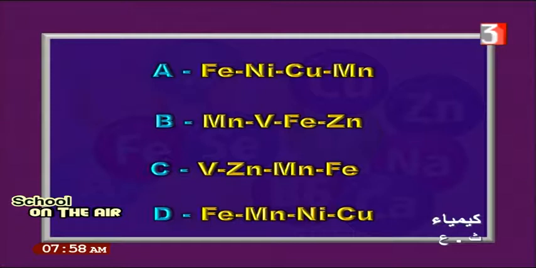Take care. I need the first one to work as a strong catalyst and the other as an oxidizing agent and so on. So the good answer is iron Fe, manganese Mn, nickel Ni, copper Cu. This is the best arrangement.